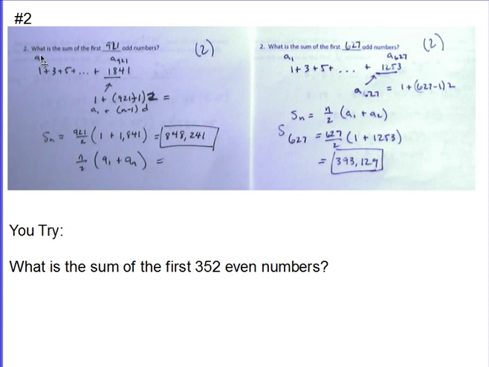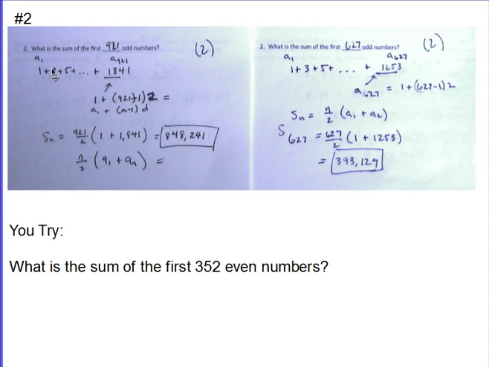All right, number 2. We wanted to know the sum of the first 921 odd numbers, or the first 627 odd numbers. So if I were to list the odd numbers, I'd have 1, 3, 5, 7, etc. Now, since we're looking for the sum, we're adding those together.